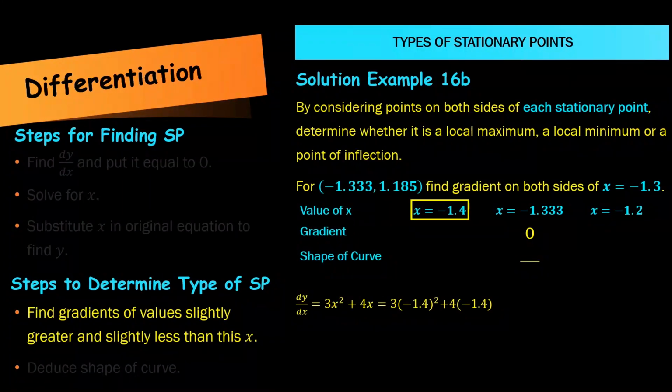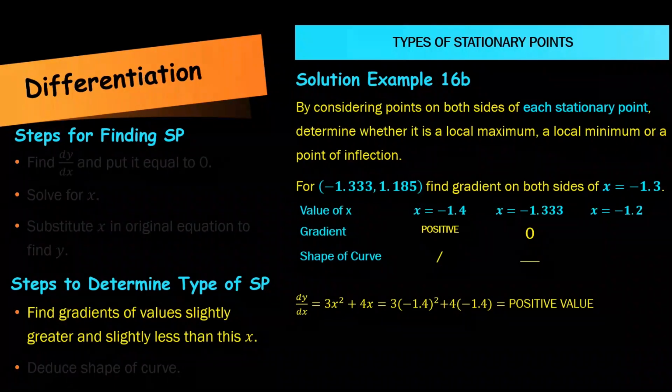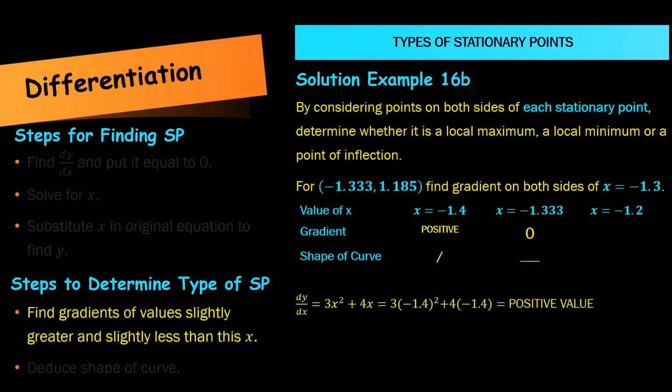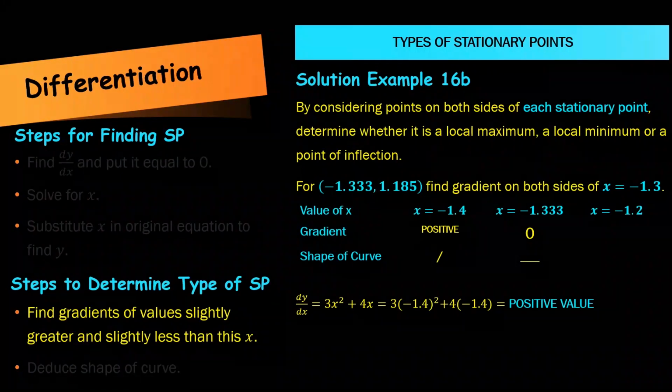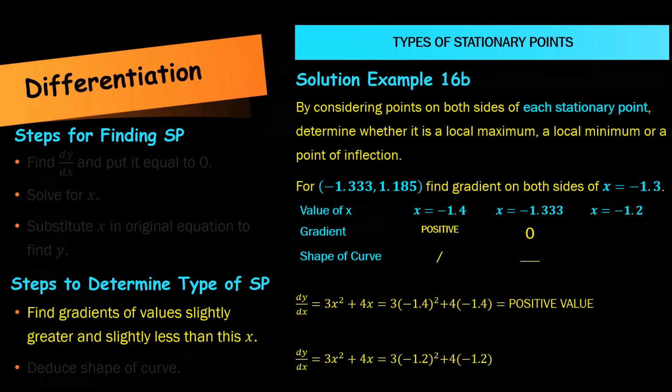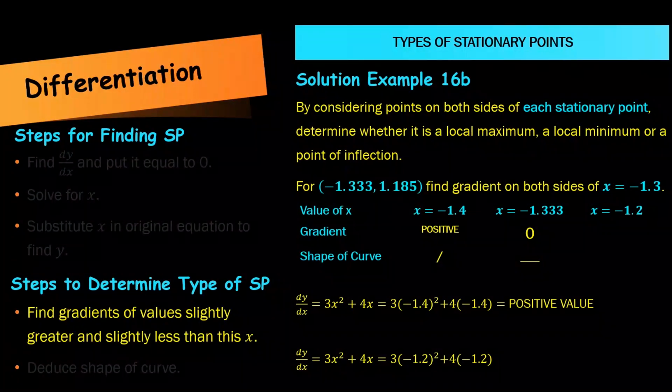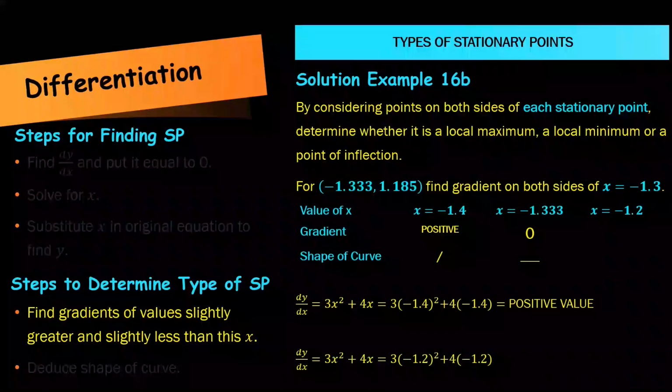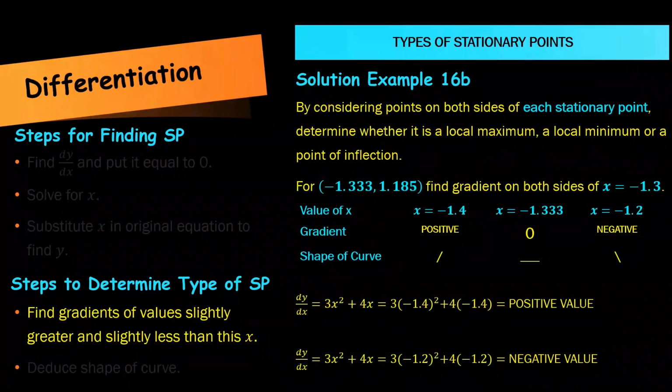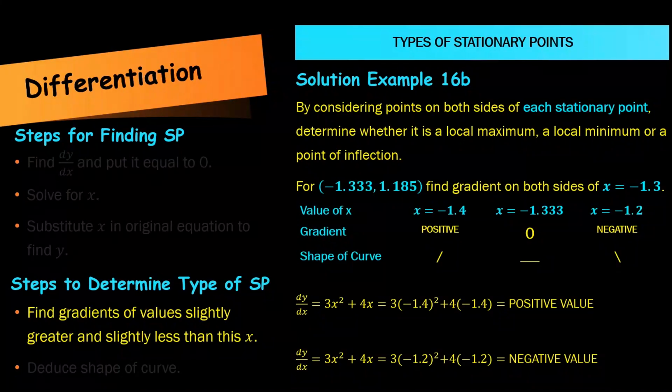So our curve is sloping as shown in the table. And now let's plug in x equals minus 1.2 into our equation for dy/dx, as shown. And this gives us a negative value. So our curve is sloping the other way. And therefore, this stationary point is a local maximum.